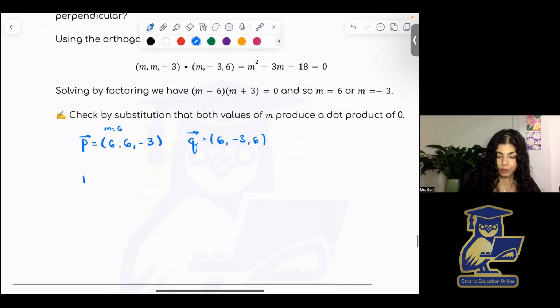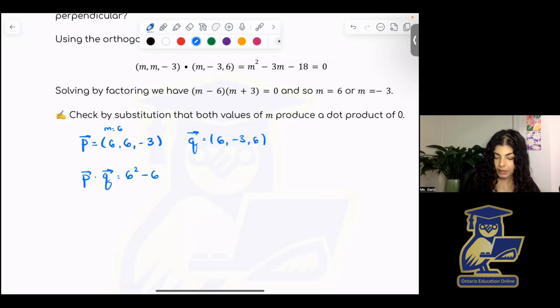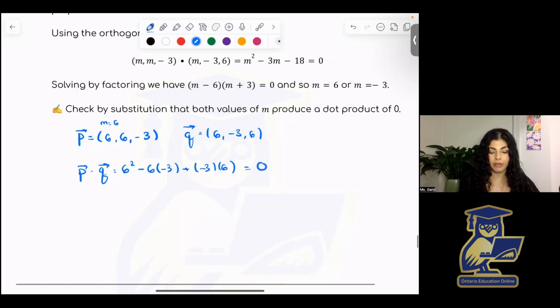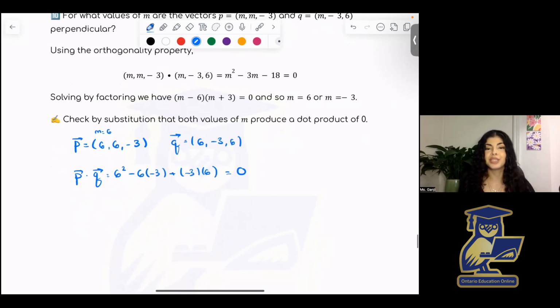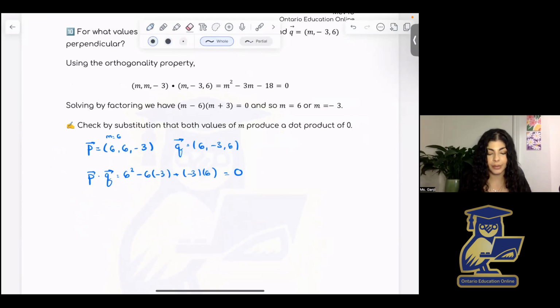And if you do p dot product q, you'll get 6 squared minus 6 times -3, and then plus -3, 6, and this will give you 0 here because we have 36 minus 18 minus 18, which is equal to 0. And again, now you can check it for m is equal to -3, but by the same process, you should get also the dot product is equal to 0.